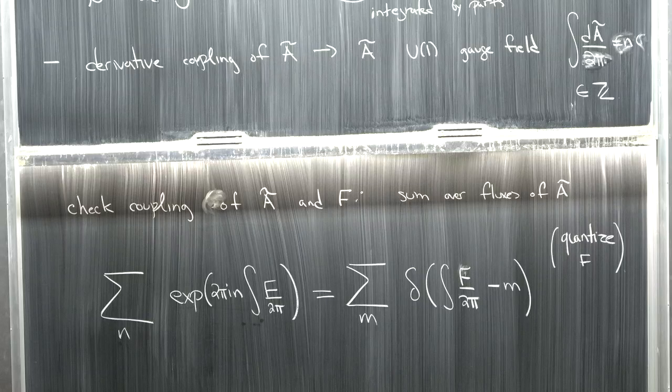Let's try to investigate why is this related to duality. So A, we know, couples to electric charge. But as I will now show you, A tilde couples to magnetic charge.